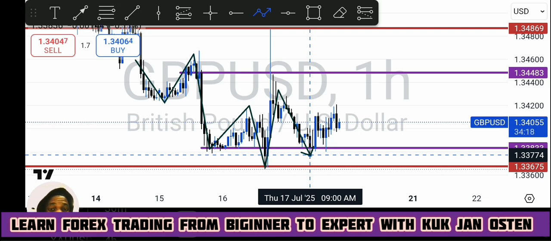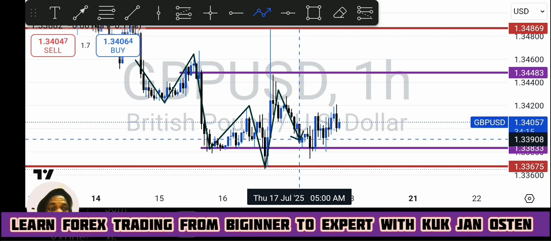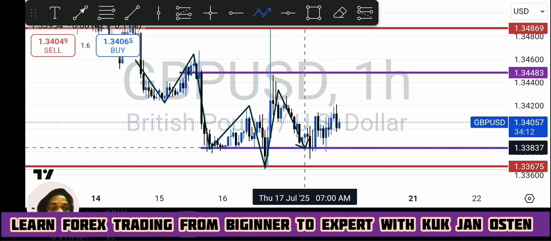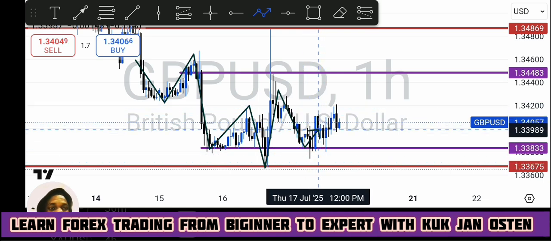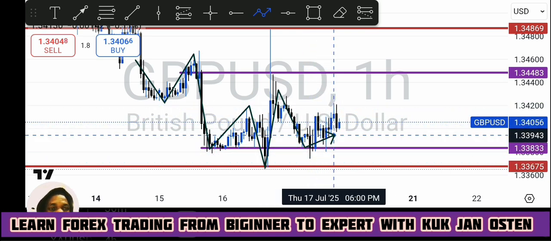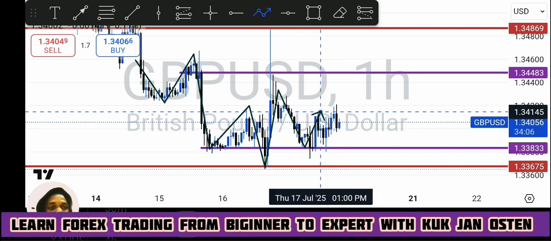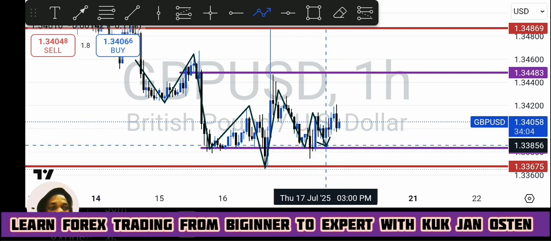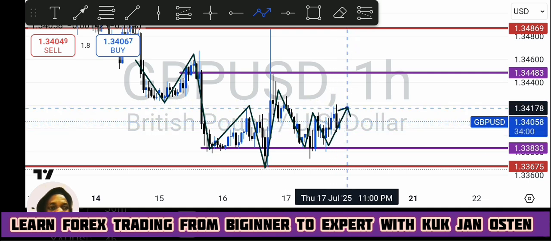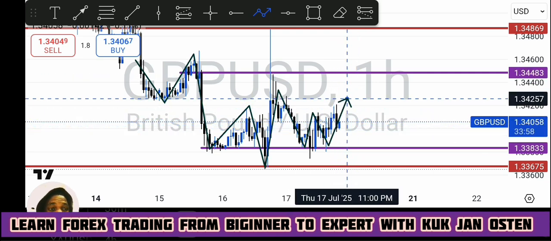Now after marking all my zones, I will have to go to the 30-minute time frame. In most cases, the 30-minute time frame is mostly for strong entries, and also the 15-minute time frame. So I have to see whether the market is giving me what I want. First look at this thing here.